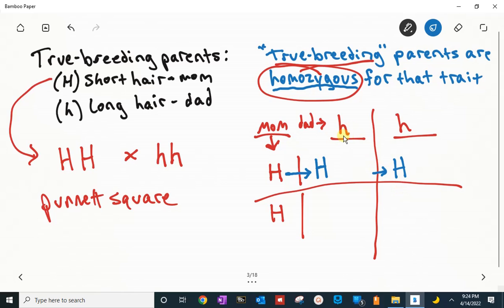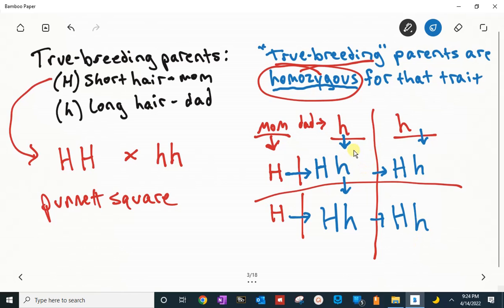And then the dad's genotype, one of the H's, the lowercase h, is going to go in this square and is going to go down the column in these squares. And then mom's second capital H is going to go across in the same row. And then dad's second lowercase h is going to go down in the column.